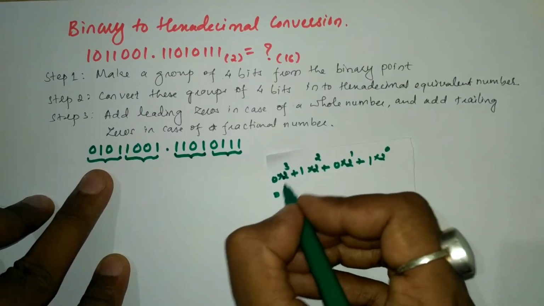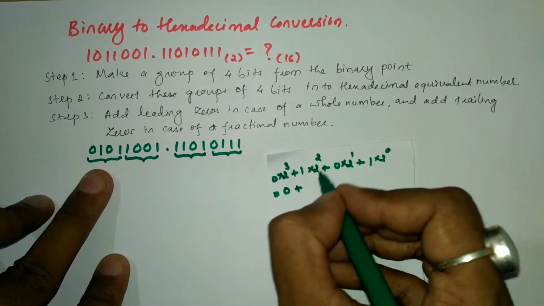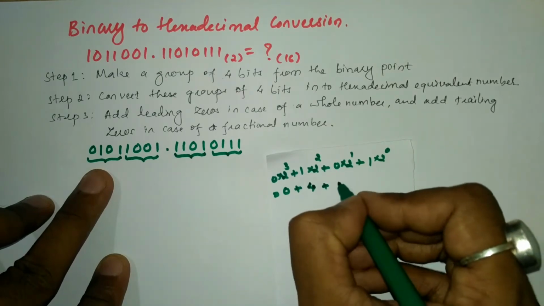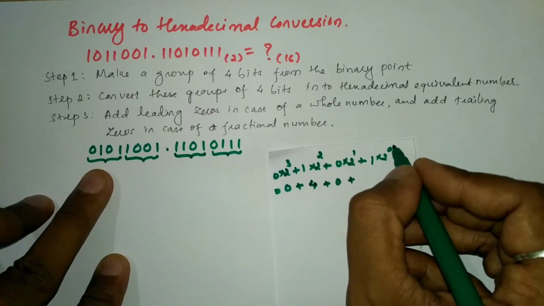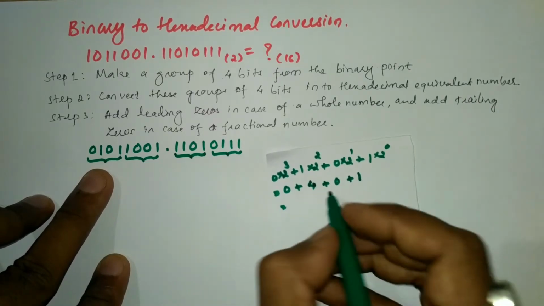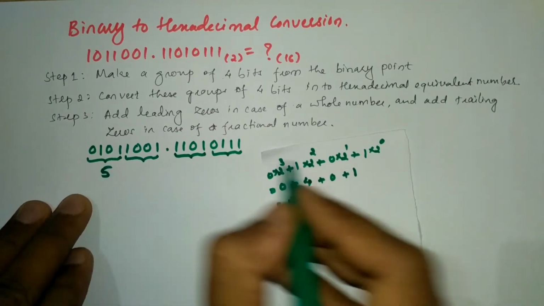Anything into 0 is 0. So 0 plus 2 to the power 2 is 4, 4 into 1 is 4, plus 0, plus 2 to the power 0 is 1, anything raised to 0 is 1, 1 into 1 is 1. So 0 plus 4 plus 0 plus 1 is 5. Correct? Yes. So this represents 5.